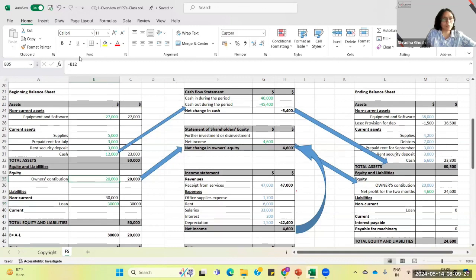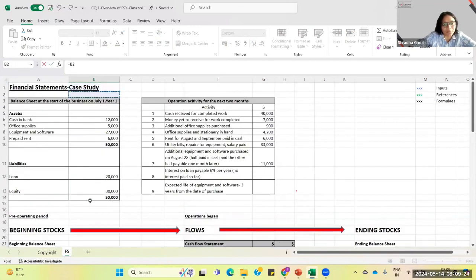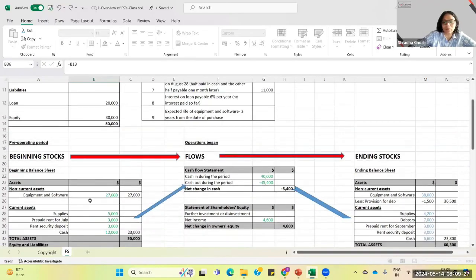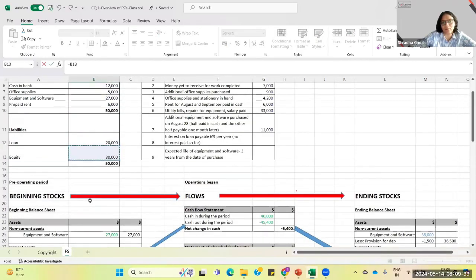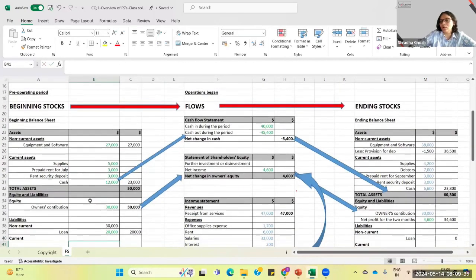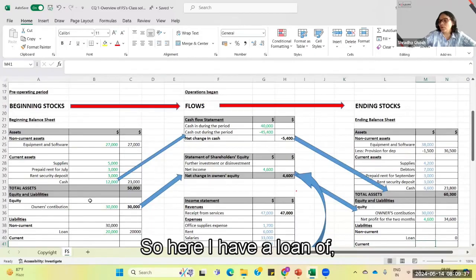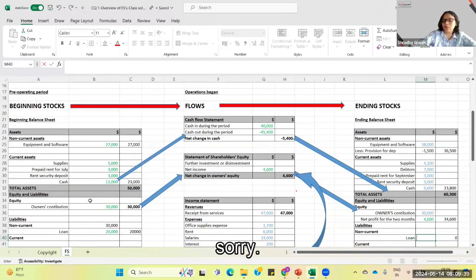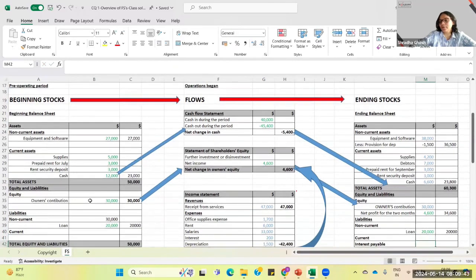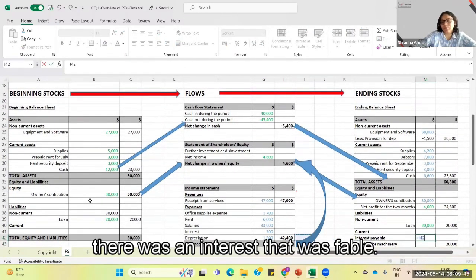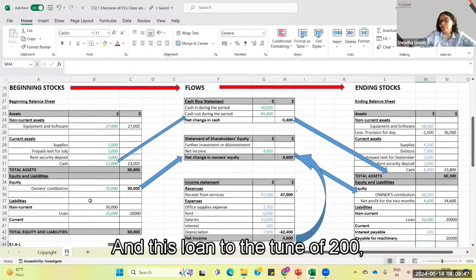This is owners. Okay, this was wrong, guys, right? My total asset and my loan was reversed. So here I have a loan of 20,000 and there was an interest that was payable in this loan to the tune of 200.